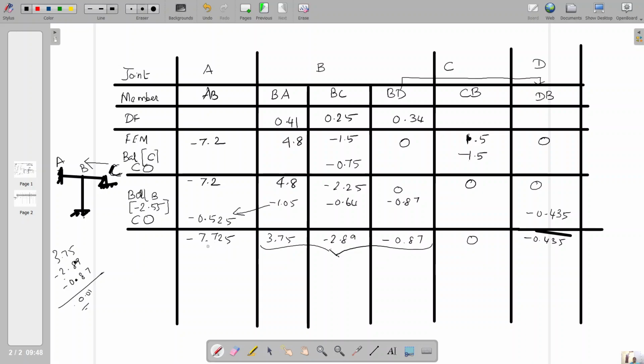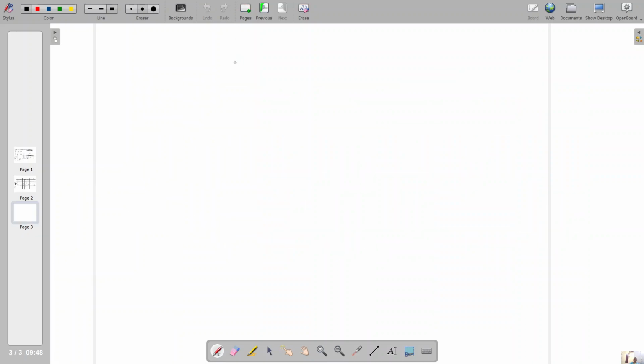So our moment values: MAB minus 7.725, BA 3.75, BC minus 2.89, BD minus 0.87, CB simply supported moment 0, and DB minus 0.435. With these values, we are going to draw the bending moment diagram. So you roughly draw the section and mark the direction.